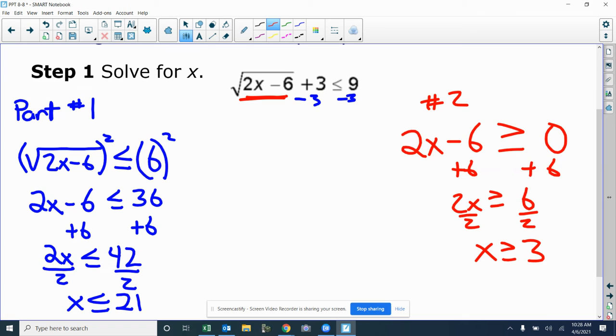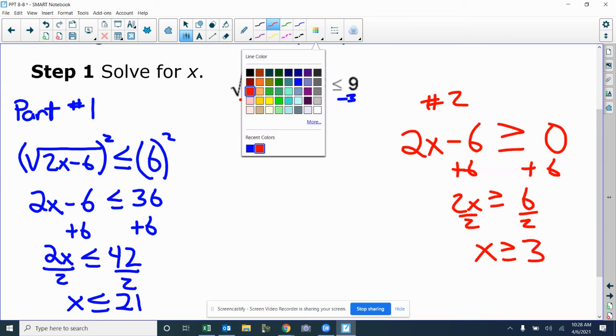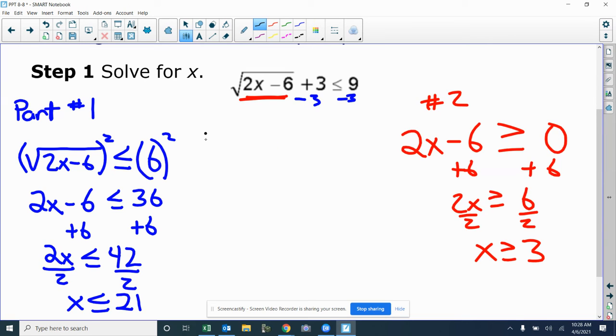Now, anytime we have an inequality, there's a couple ways to write it, okay? The first way I want you to do on the assessment, I'll probably be asking you to do it more than once, is a number line. Okay, so let's do that. The only numbers I'm interested in would be 3 and 21.